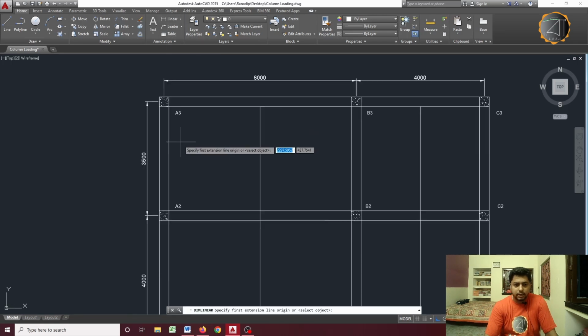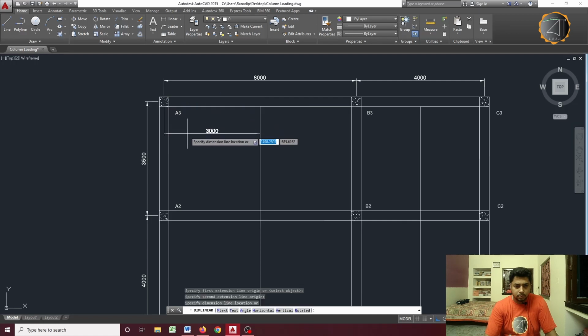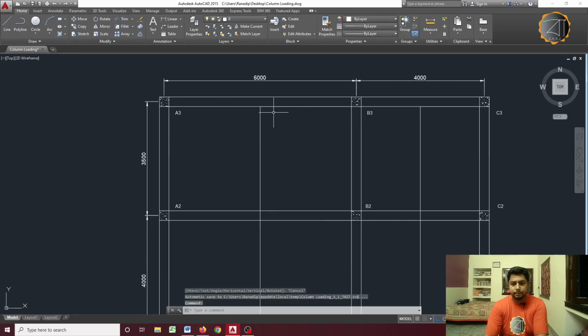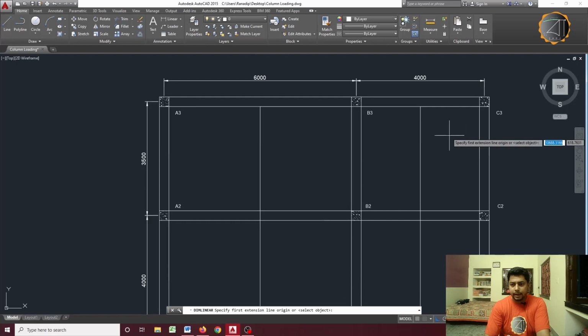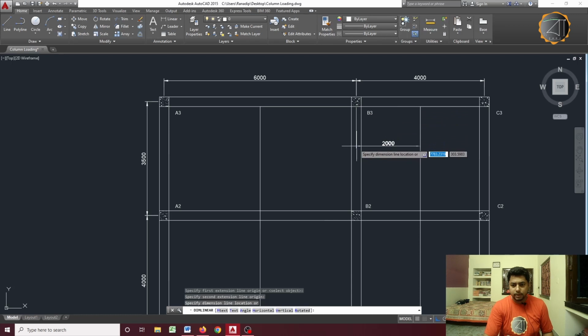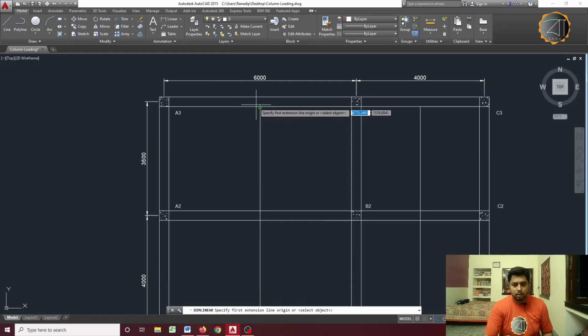Let us cross check it: 3 meter, and this is supposed to be 2 meter. Similarly, this will also be 2 meter, and this one is going to be 3 meter.